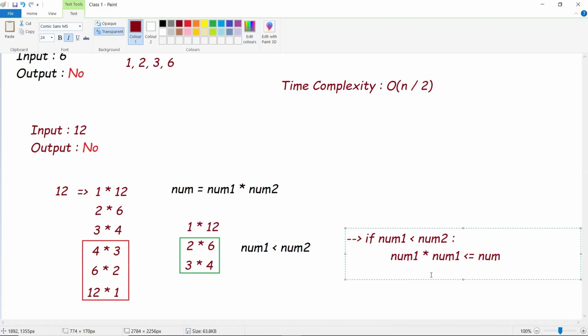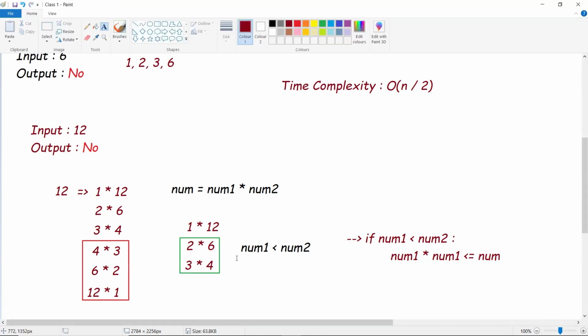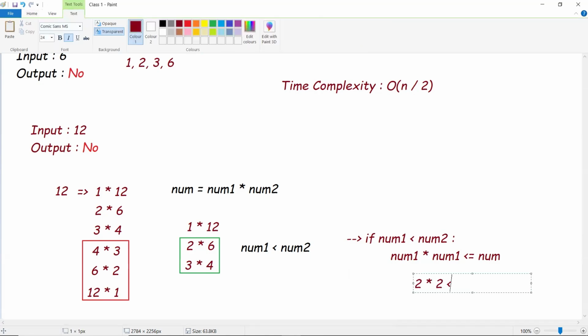Just observe this scenario: num1 square would be all the time less than or equal to number. The num1 values here are 2 and 3. What is 2 square? 2 into 2 is less than or equal to 12? Yes. 3 into 3 is less than or equal to 12? Yes. But if you try 4 into 4, that is 16, and 16 is not less than or equal to 12.